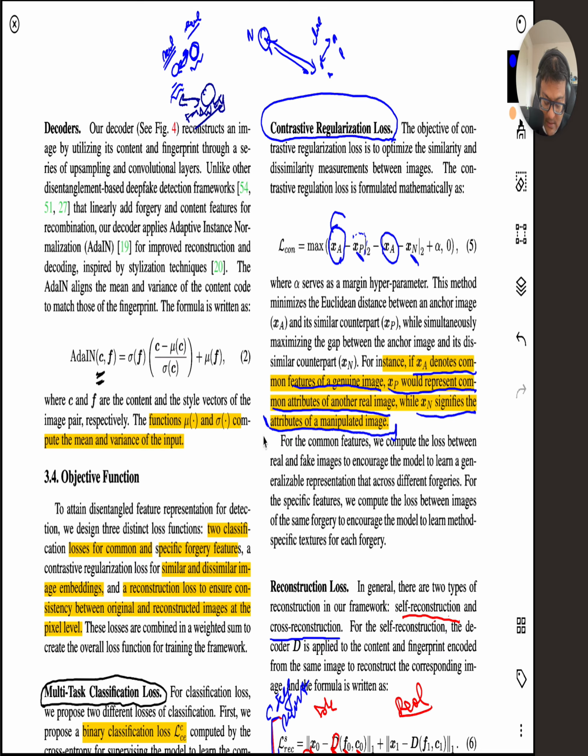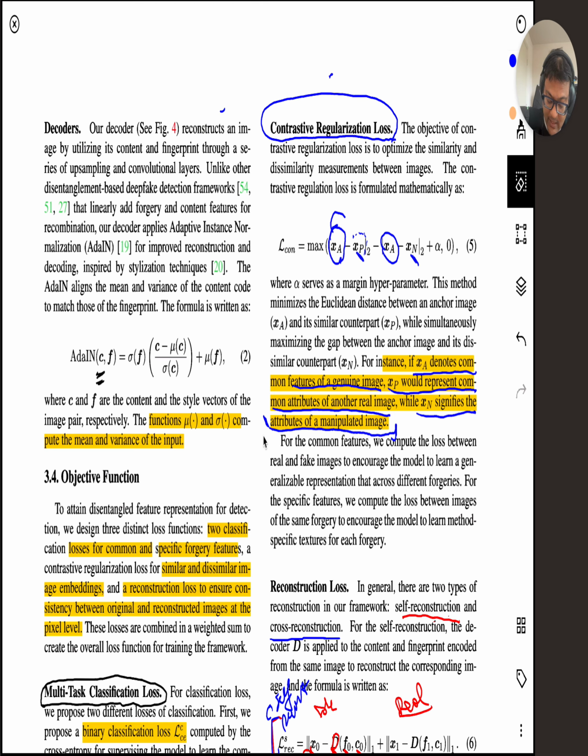So let's look precisely at the features which they are trying to understand here. They are saying that XA corresponds to common features of a genuine image, while XP corresponds to common attributes of another real image. Okay, so what do we mean by common attributes here?